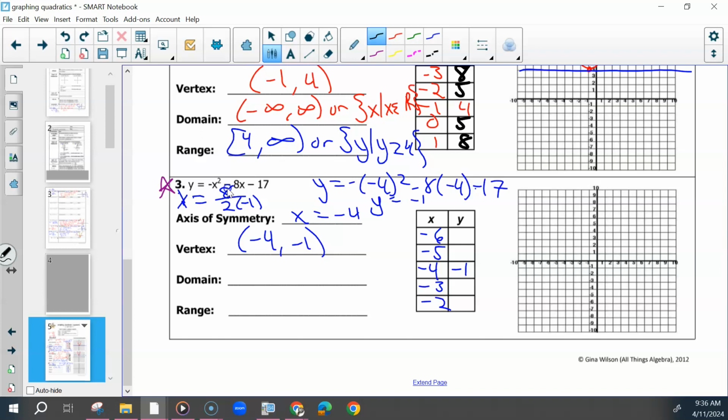And did you get your y values? Figure those out. How did you get those y values? If you guys have questions, now's the time to ask.